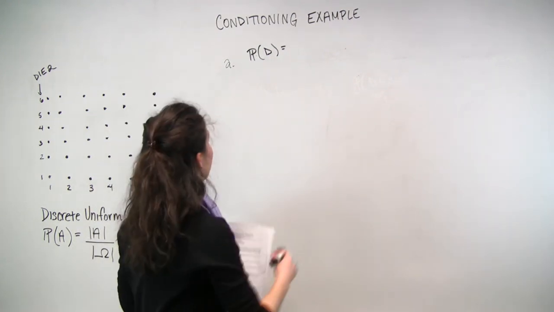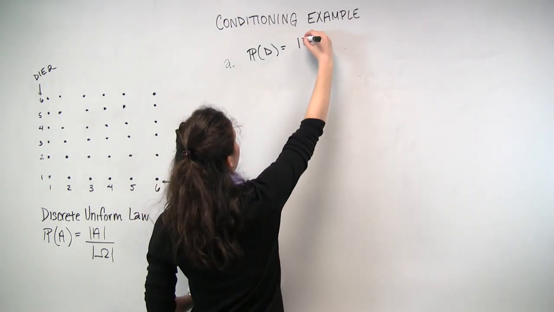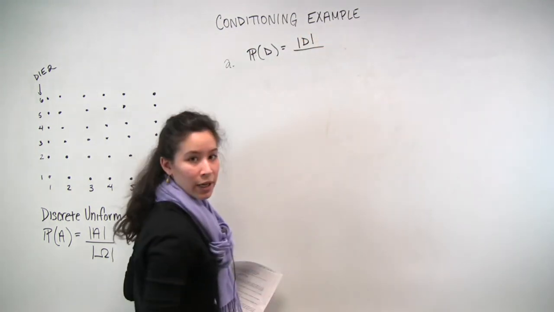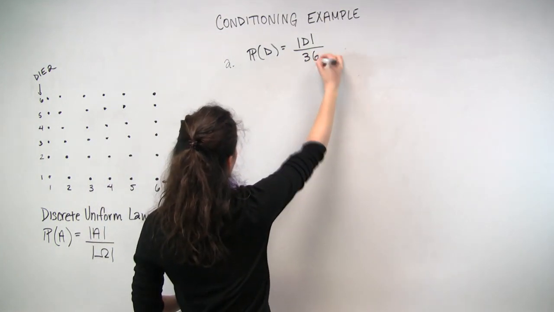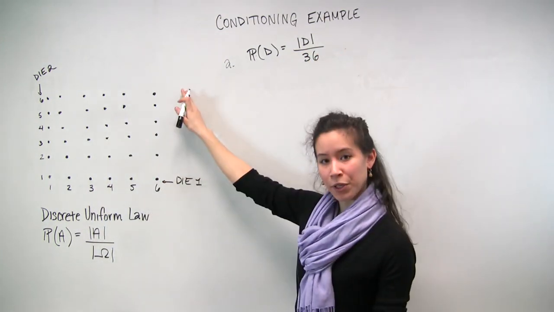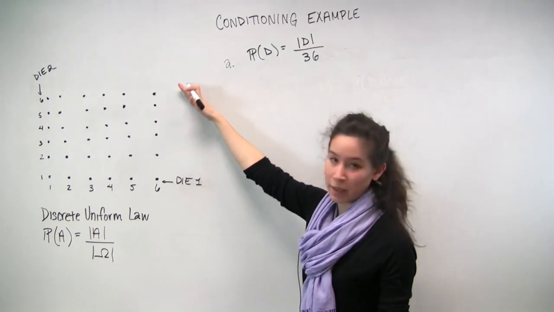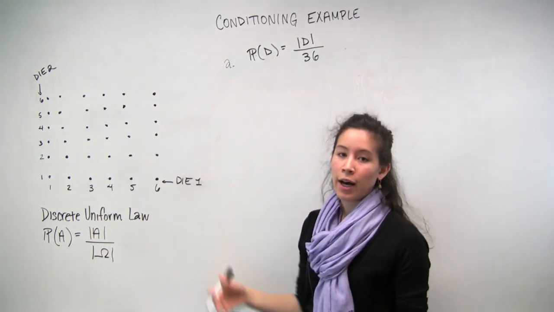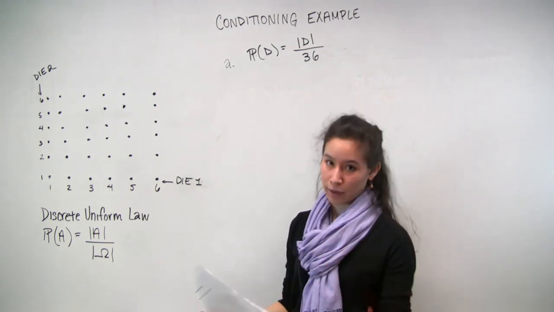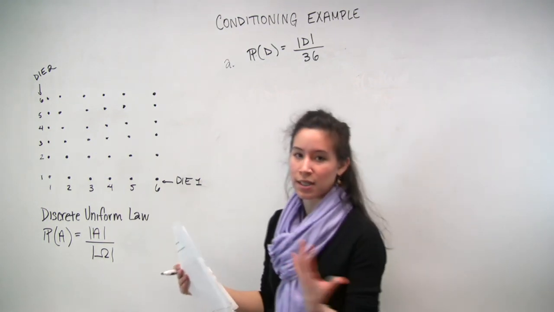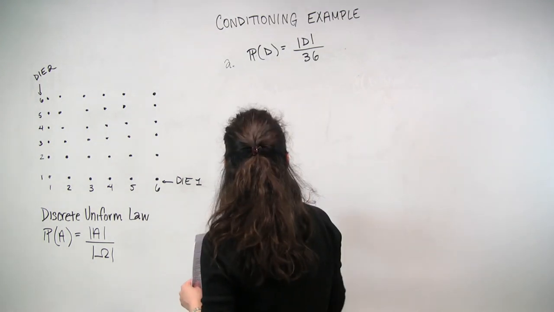So if we apply that, we just get the number of outcomes that comprise the event doubles rolled divided by 36, because there are 36 possible outcomes, which you can see just by counting the dots in this graph. 6 possible outcomes for the first die, 6 possible outcomes for the second die. That's how you get 6 times 6 is 36.